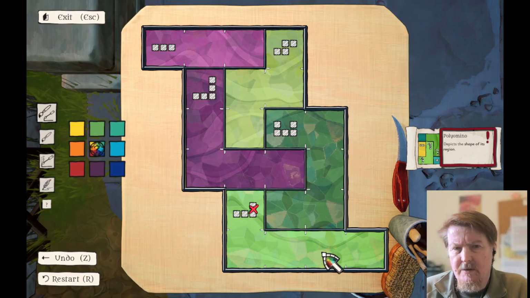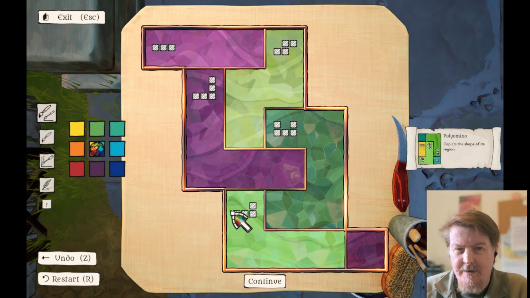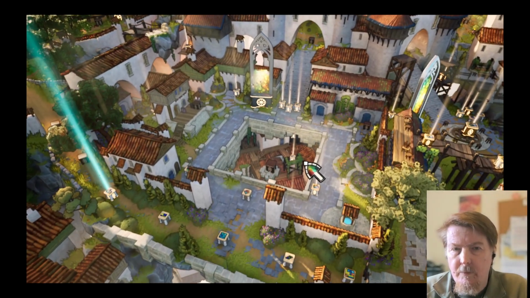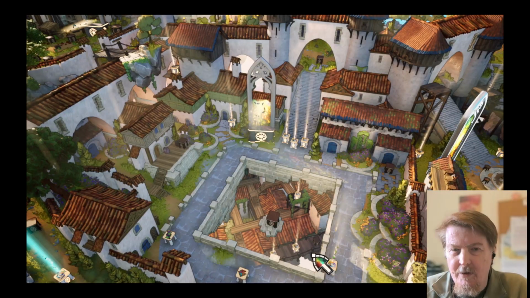Okay, what's wrong with that? It's two across. Yeah, it's a whole other region down there.